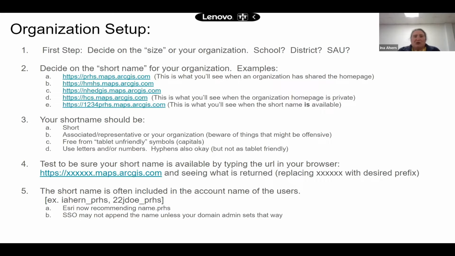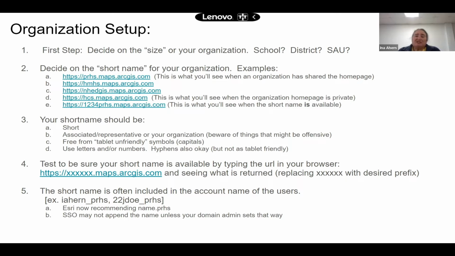Okay, so the first step in deciding on your organization is to decide how big your organization is going to be. Is it going to be your elementary school, your high school, your entire district, your entire SAU?